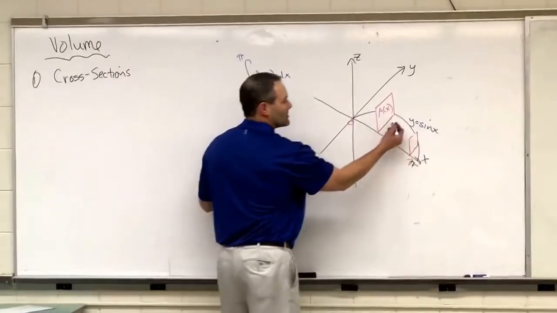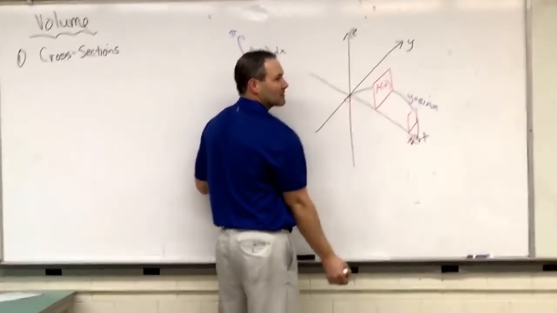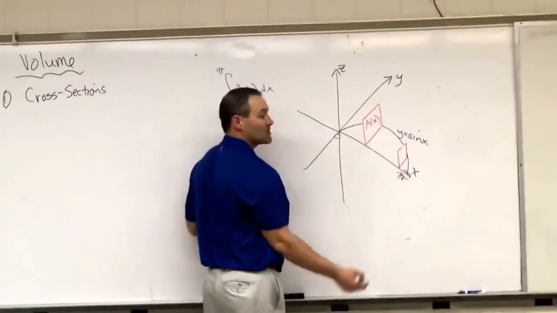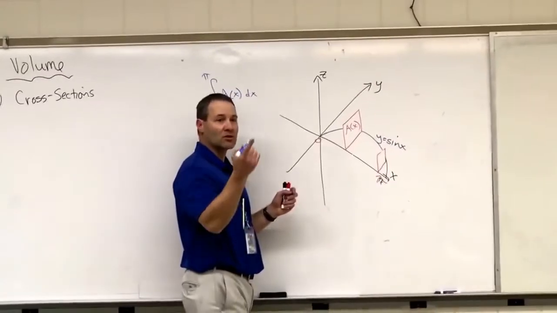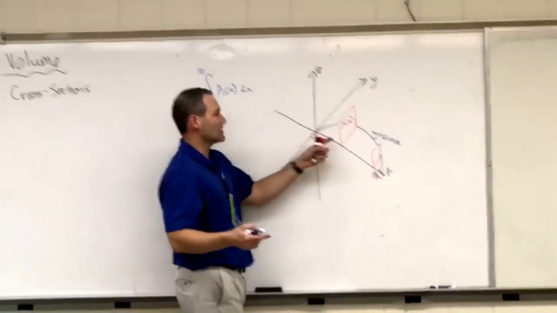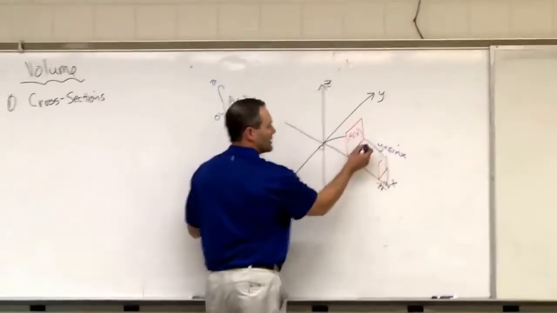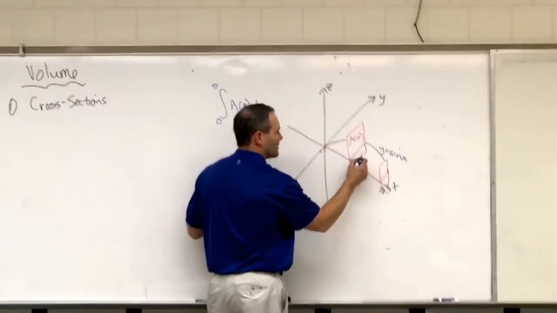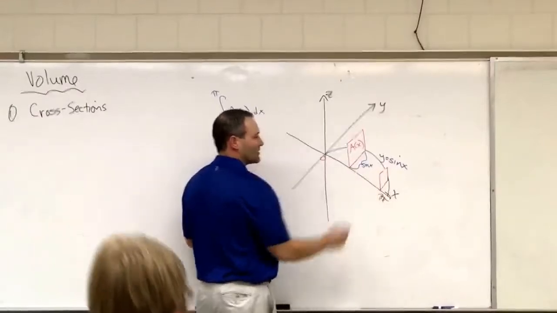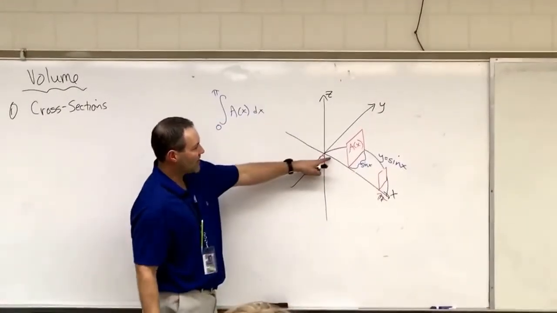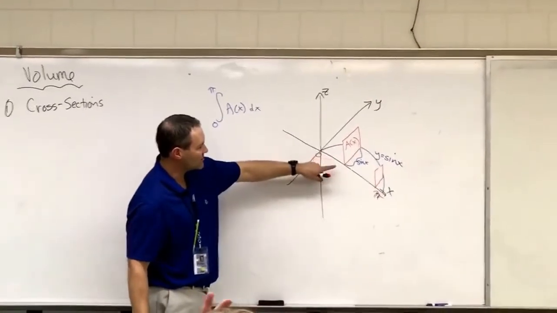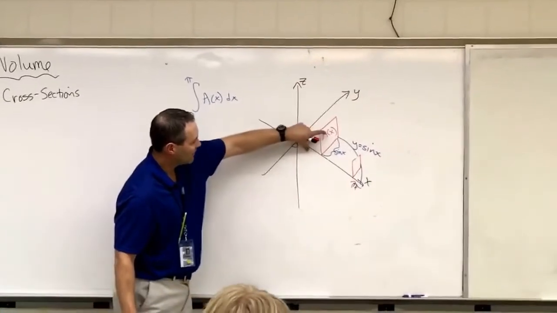So how can I represent this distance? It is y, which is in terms of x, in this case, sine x. This distance right there is sine x. No matter where we are, if this is pi over 4, how far is that?